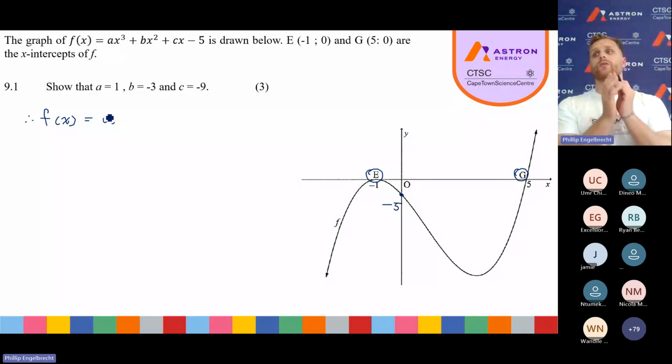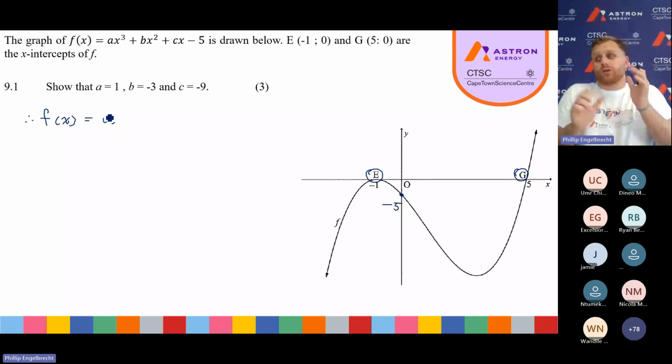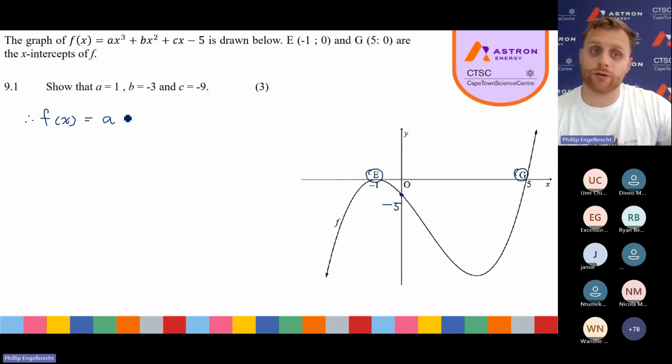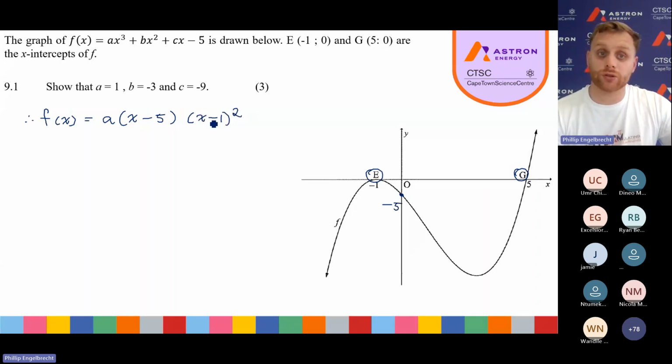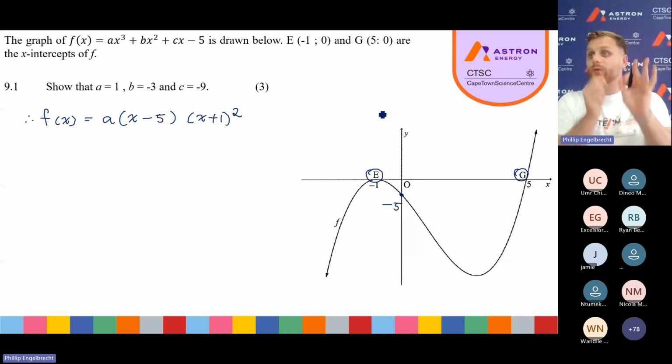Is this a negative graph? Is it a very long or a squished graph? It basically just gives you the shape and whether it's positive or negative. A, and what you do is you do a bracket and it says a times x minus 5, x plus 1 squared, because these are the 3 intercepts of our function.